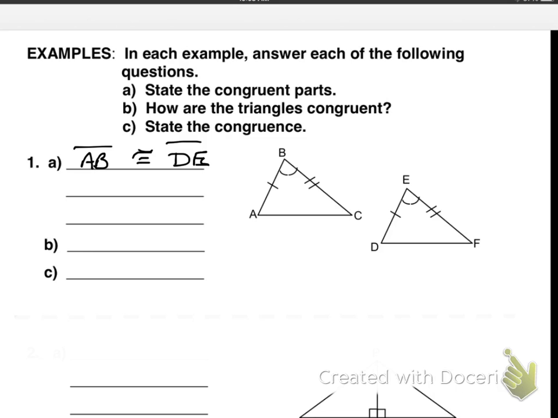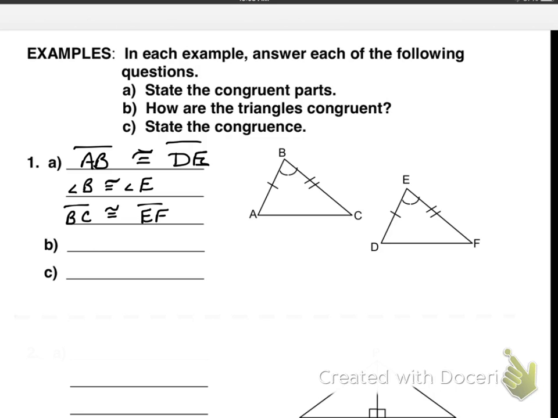Angle B is congruent to angle E. We know that because it's marked. We have side BC, going from the marked angle, is congruent to side EF. So that's stating the congruent parts that are marked in the picture.